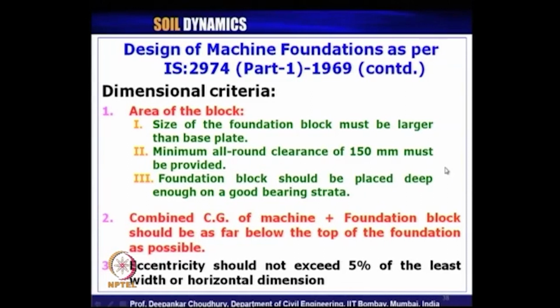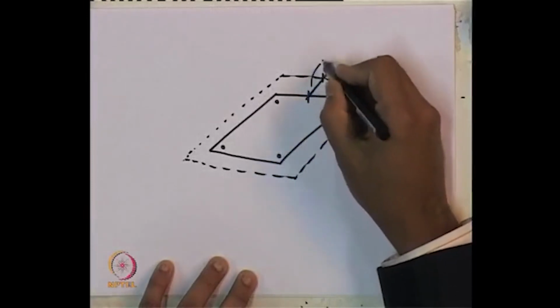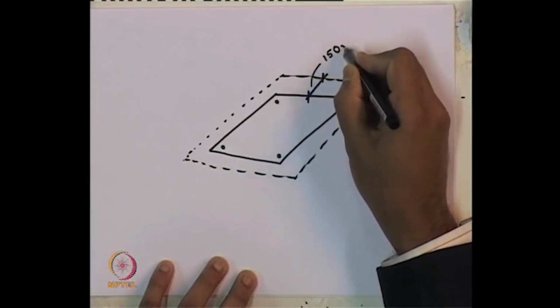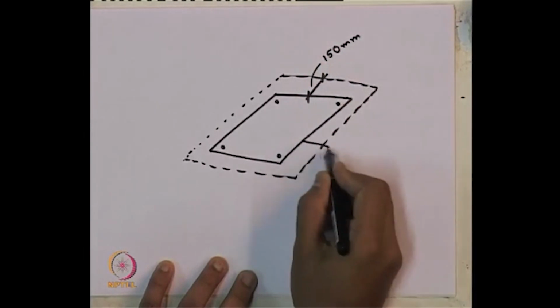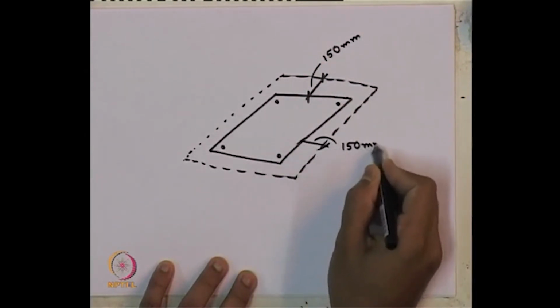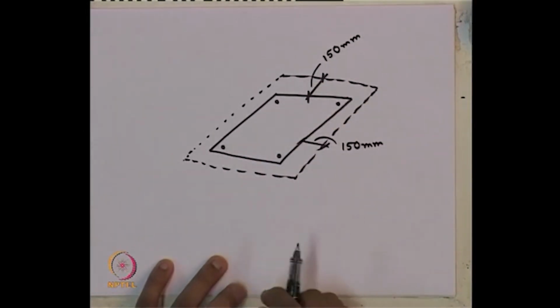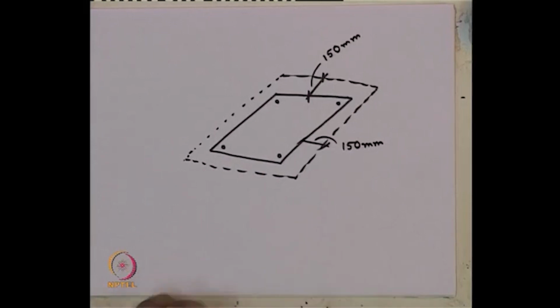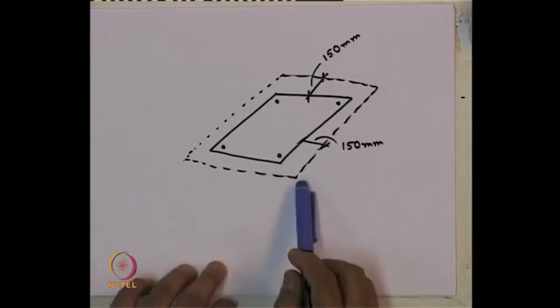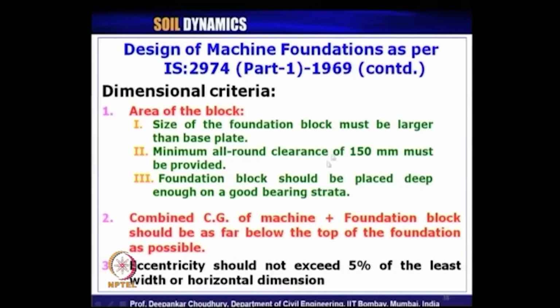As per our IS code, this clearance has to be 150 millimeter all around, 150 millimeter minimum. This is the minimum clearance we have to provide all around, between the base plate and the foundation edges.